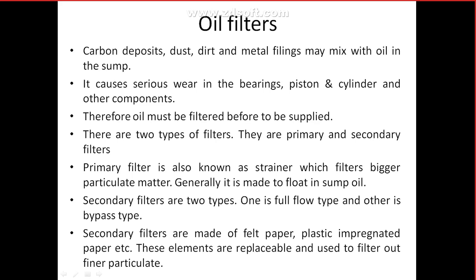The secondary filters are the main filters. They remove the very minor dust particles before sending the oil to the pump. Secondary filters are made up of felt paper, plastic impregnated paper, etc. These elements are replaceable and used to filter out finer particles.